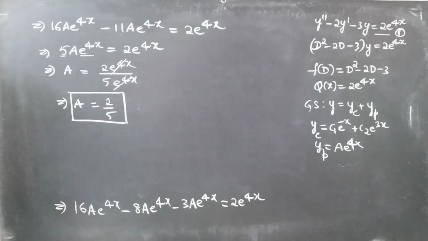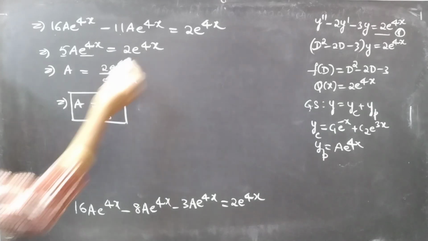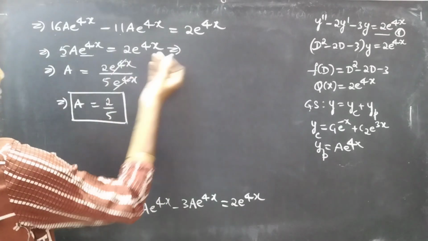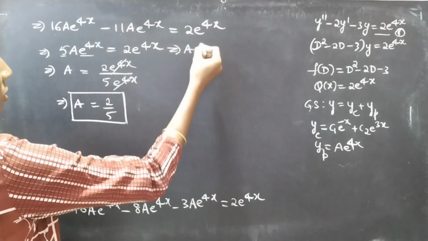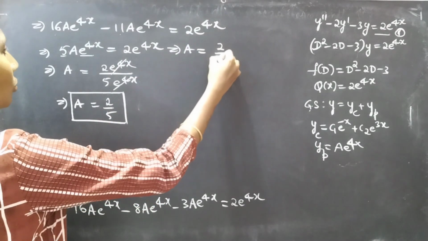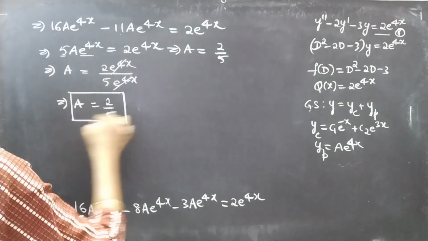Actually, we find the values of the undetermined coefficients by equating the coefficients of like terms, but here it's not necessary. We can just find a easily. Or directly, just by looking at the equation, you can say that a equals 2 by 5. You can skip these steps.